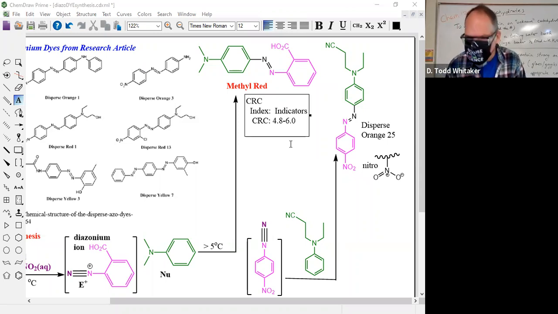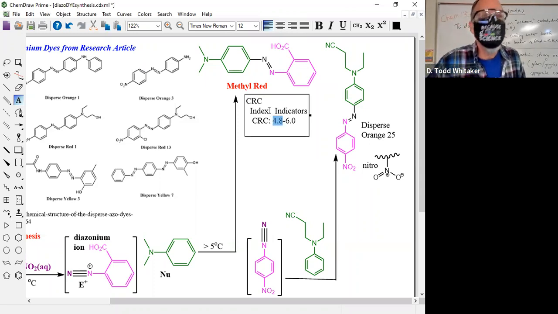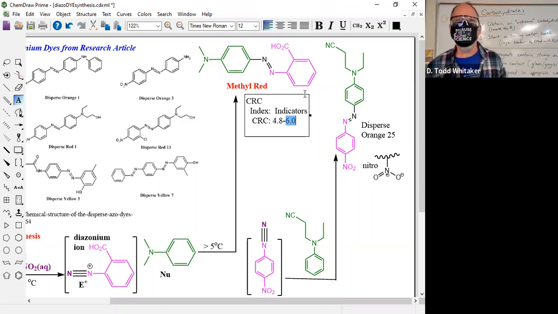I'll tell you what these numbers mean. It begins changing color at pH 4.8. It finishes changing color at 6. In the middle is a mixture of colors. And how do we find the pKa? It's in the middle of this. Merck index, we're doing that later.